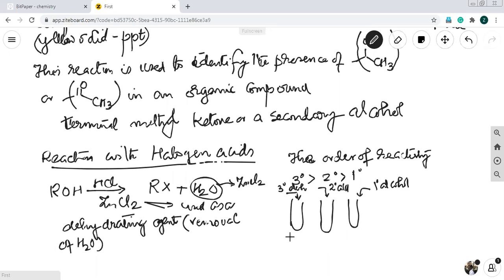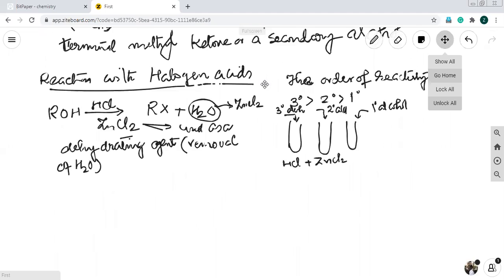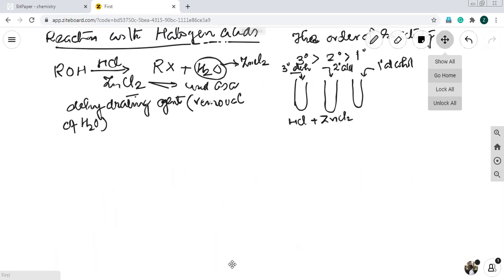To each of them you add HCl and zinc chloride. And then you will observe your observation.